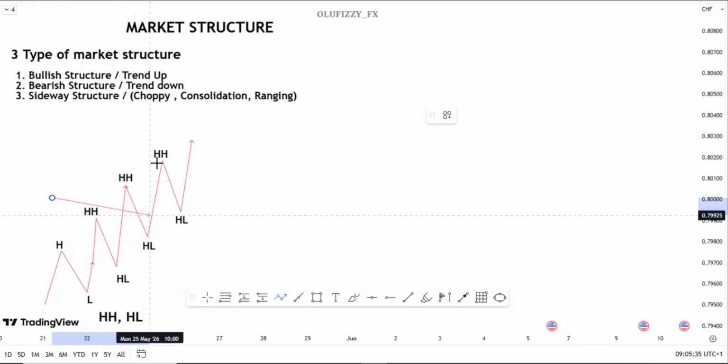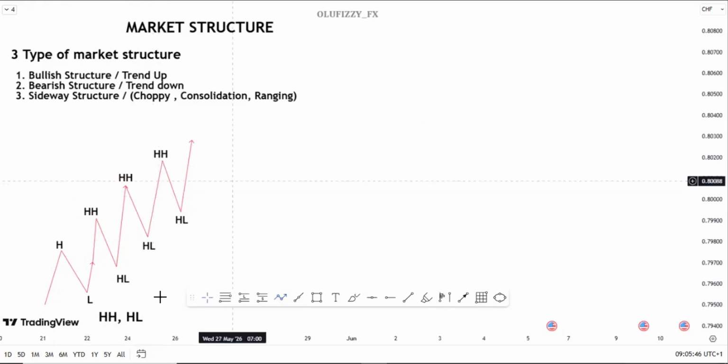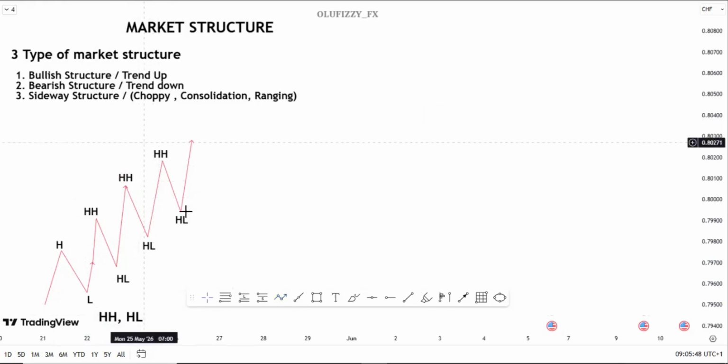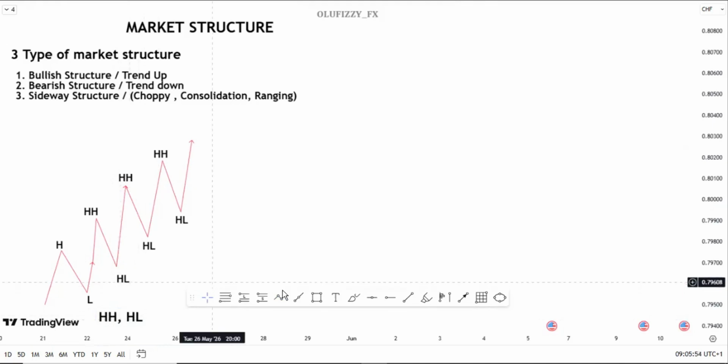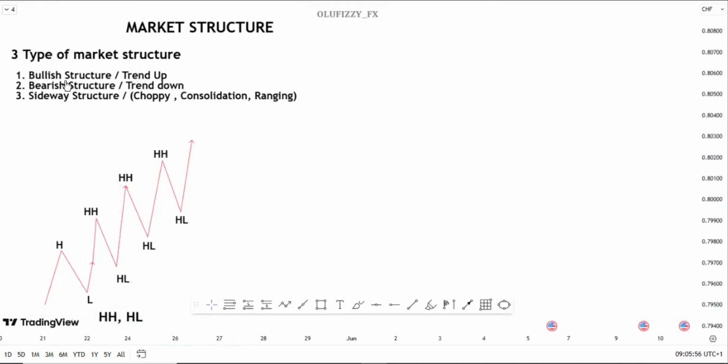Then we have another pro trend, which you can also call an impulse move. So a bullish market structure is when the price starts giving you a series of higher highs and higher lows. So that is that for bullish market structure.